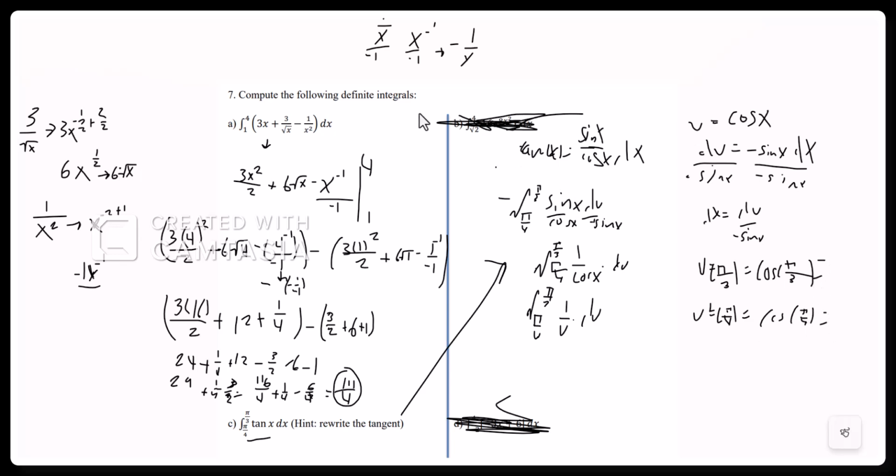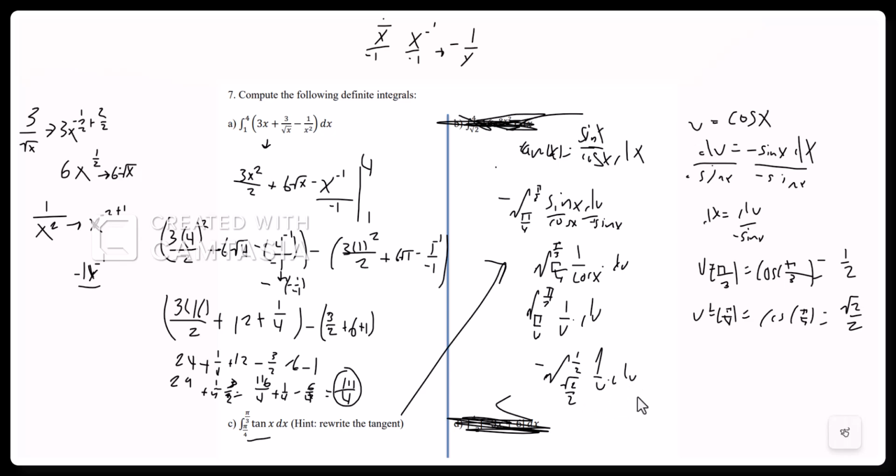This is going to equal 1 over 2 and square root of 2 over 2, just by doing the unit circle. So now we're going to have an integral from 1 over 2 to square root of 2 over 2 of 1 over u times du.